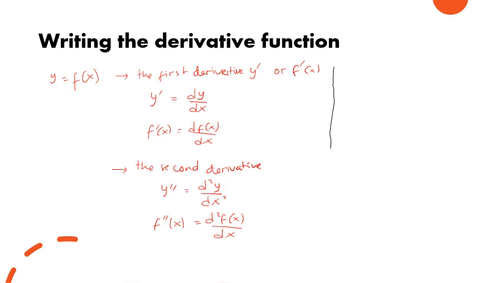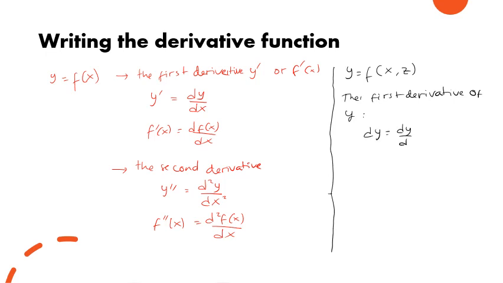So if you have y as a function of two independent variables, x and z, and you derive that, the first derivative of y, dy, is equal to dy/dx dx plus dy/dz dz.